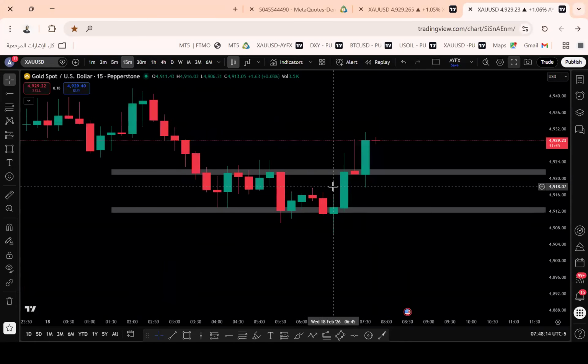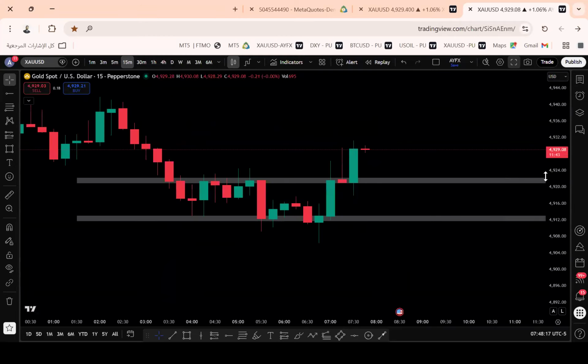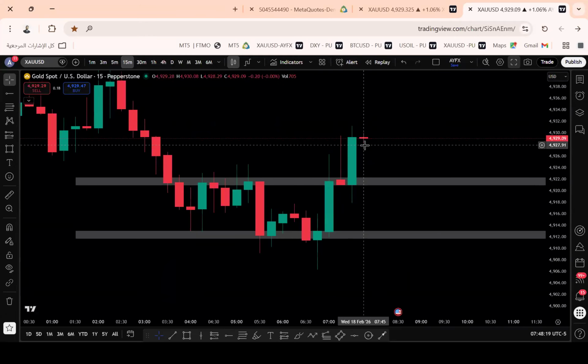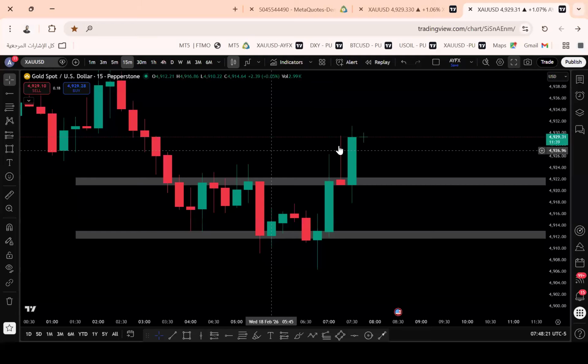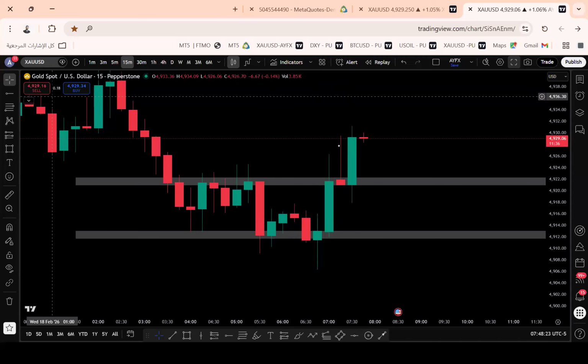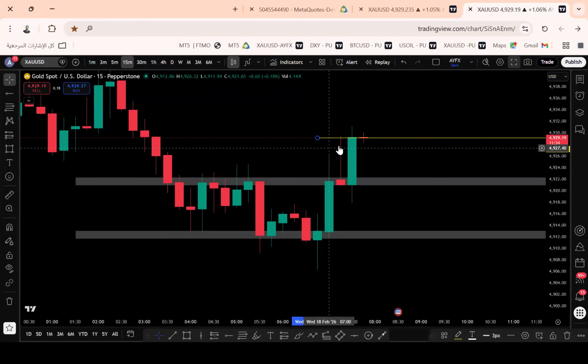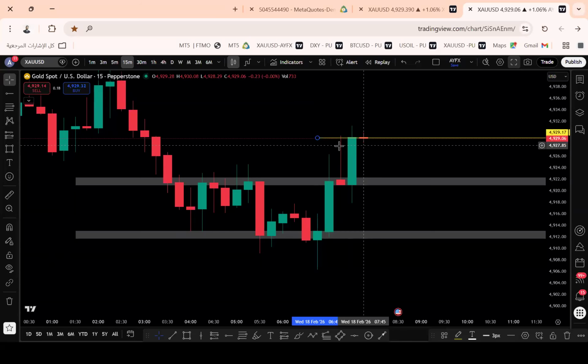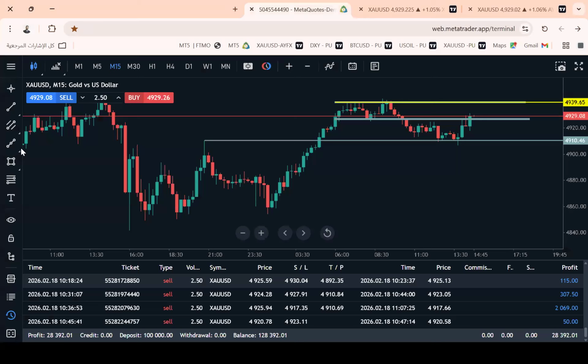If I go to the 15-minute chart, what I want to see is this candle respects the high of this candle, and once this candle flips, I will wait for the retrace, and once this candle flips into green, I should buy. For example, don't take a trade with me, because this is just going to be a trial.